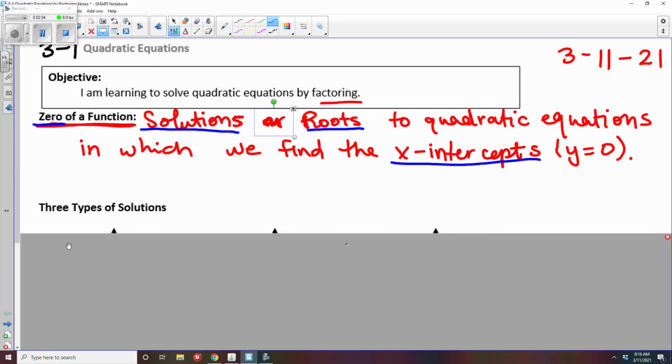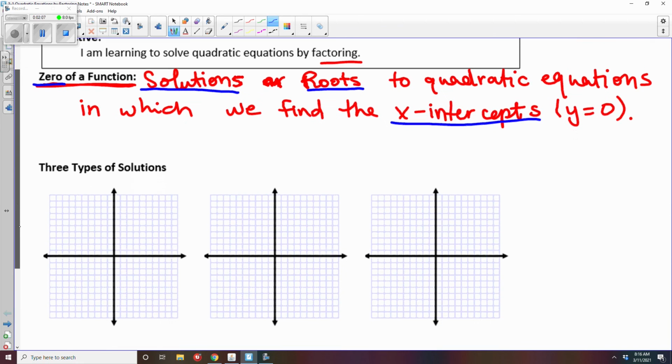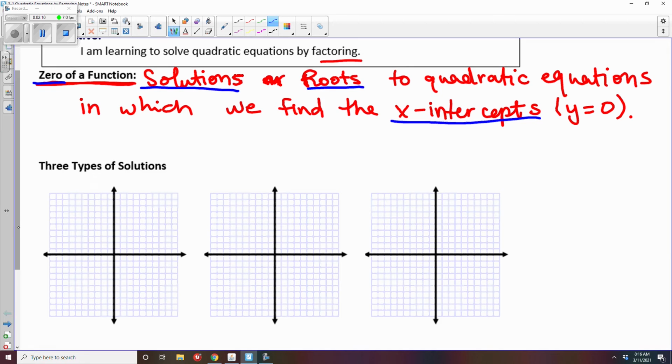Now we have 3 different types of solutions, and just sketch out for me 3 coordinate planes. You don't need any tick marks or anything, just make an x-axis and a y-axis for 3 different graphs.